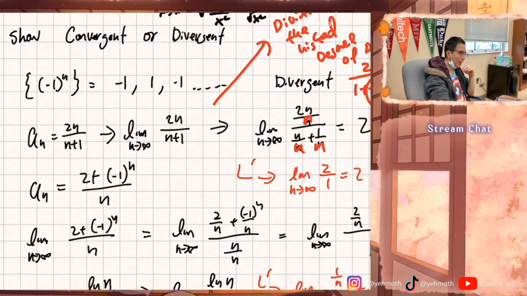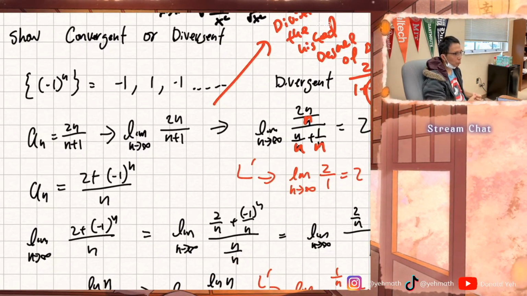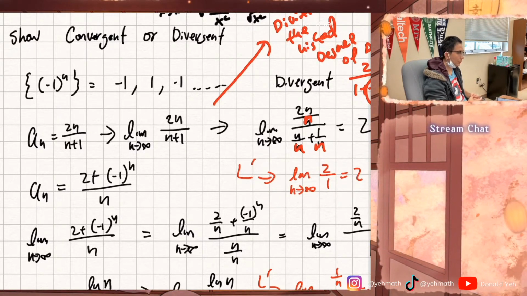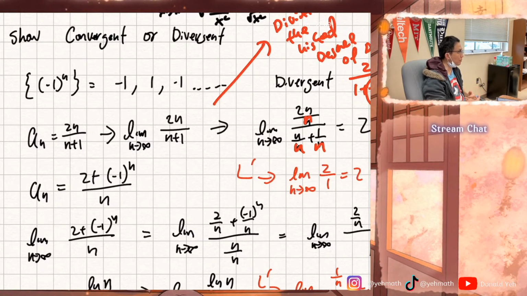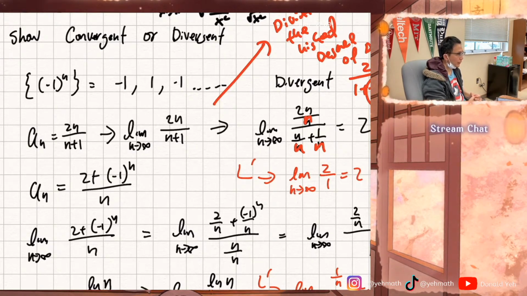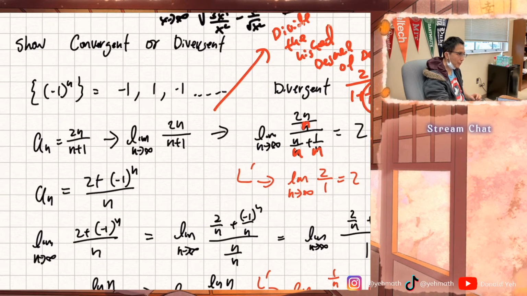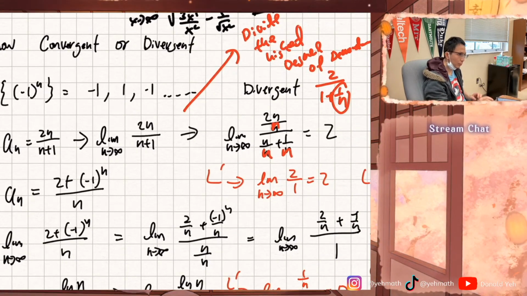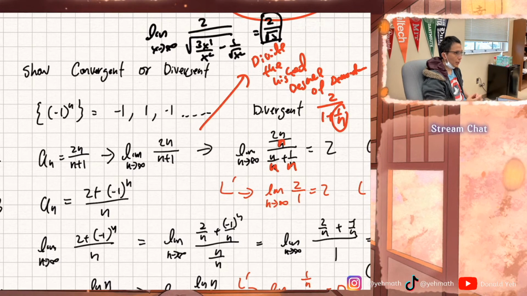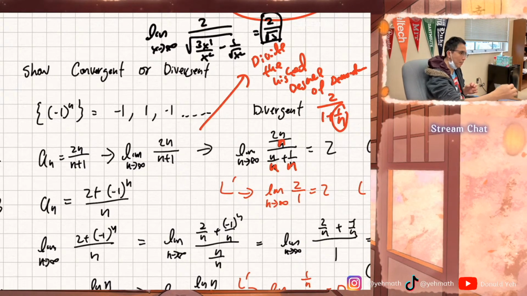So in this case, you did the same thing. You could have those alternative situations, right? And then you divide top by this. And so this part doesn't matter anymore.